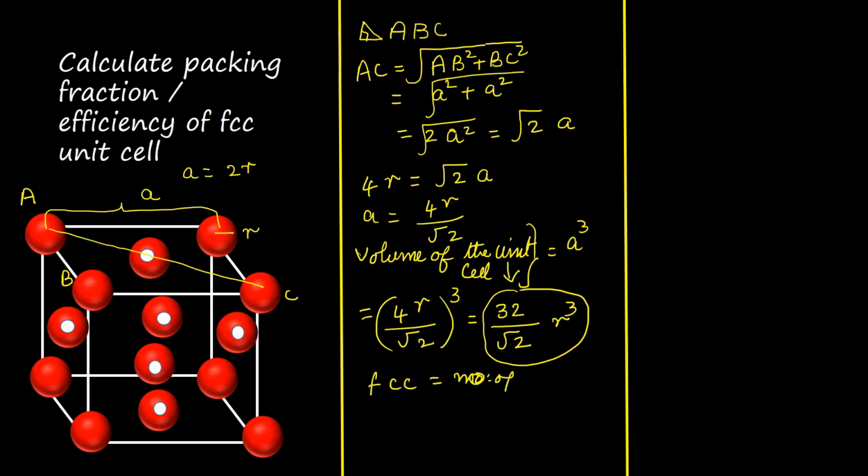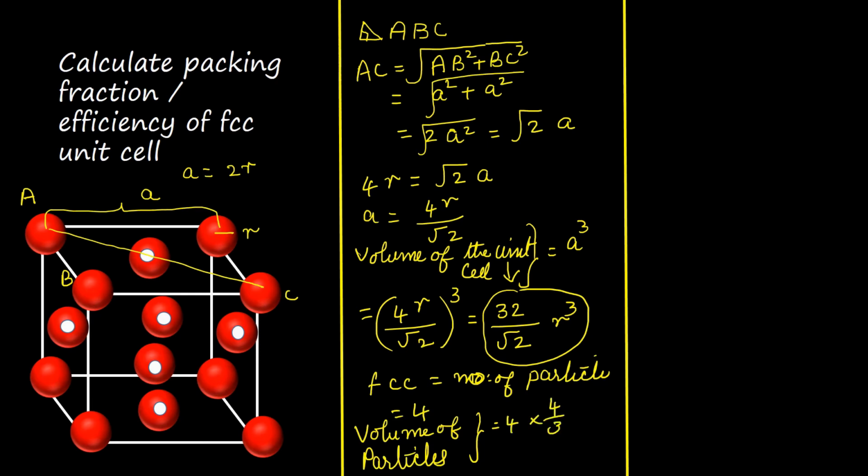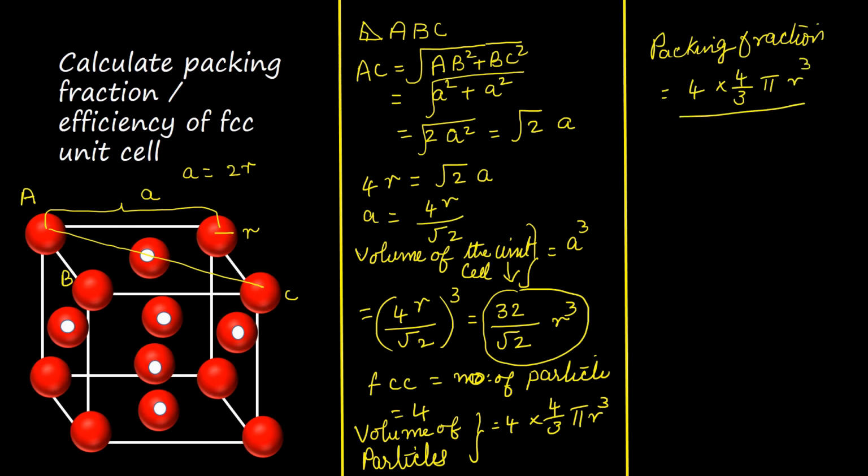Number of particles in FCC is equal to 4. So total volume of the particles in FCC will be equal to 4 into 4 by 3 pi R cube. Packing fraction becomes equal to 4 into 4 by 3 pi R cube divided by 32 by root 2 R cube.